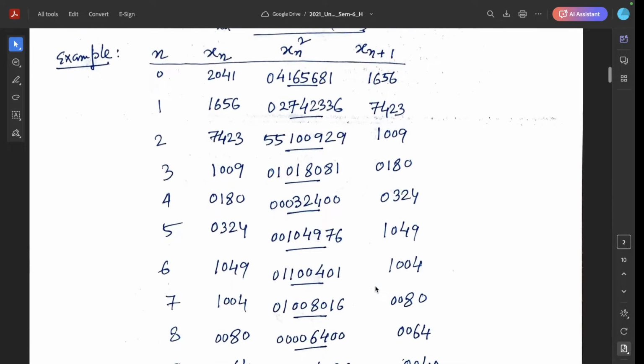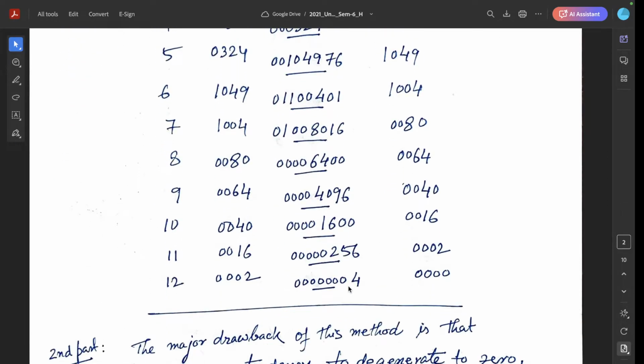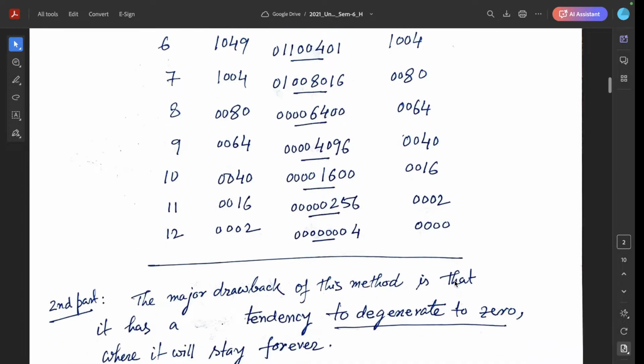We observe that at the 12th step the random number is 0000. So the major drawback of this method is that it has a tendency to degenerate to 0000, where it will stay forever. If we square 0000, again we get 0, again 0, and so on.